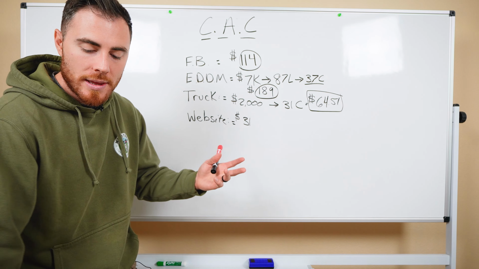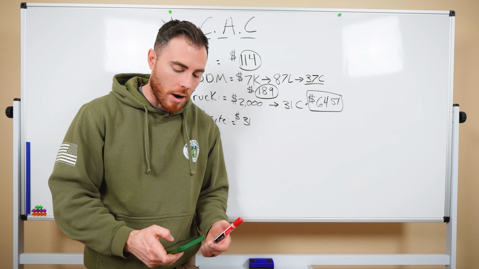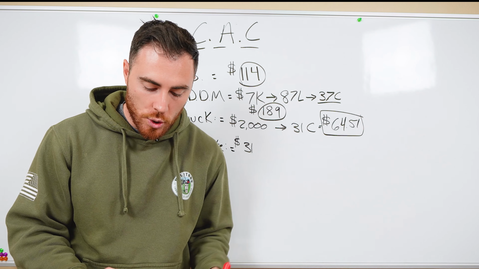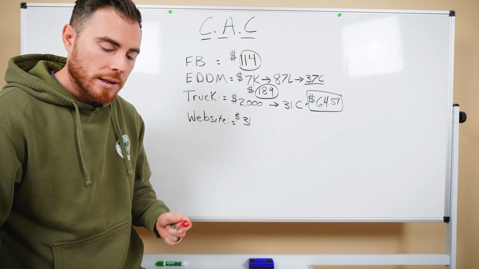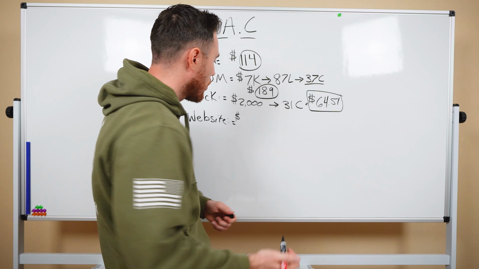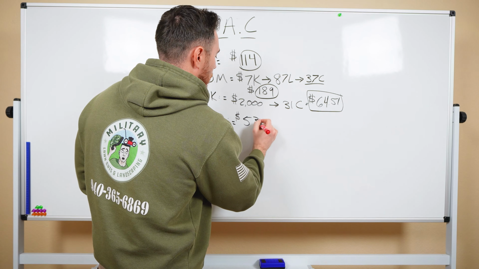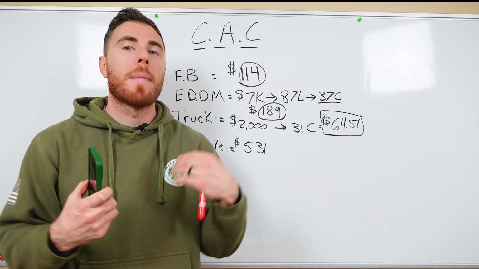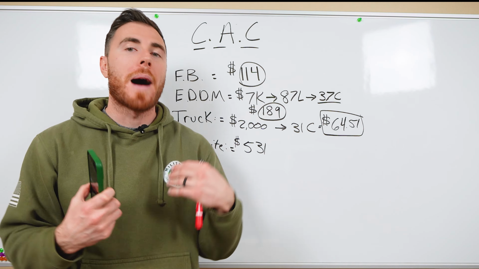If you want to put my time in there, when I'm working in the business, it's probably making the business about $250 an hour. So let's just say 2 hours, that puts me at $500, plus the actual admin cost of the software itself that you have to pay. So $531, we'll just say, is roughly our cost for my time plus the monthly fees to pay for the website.